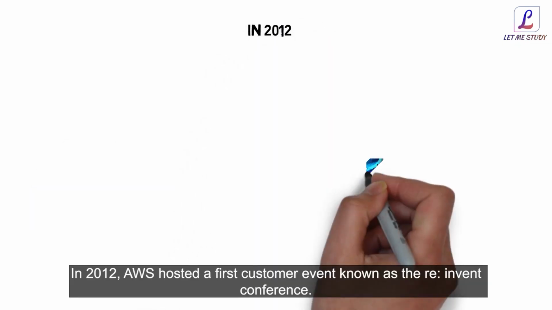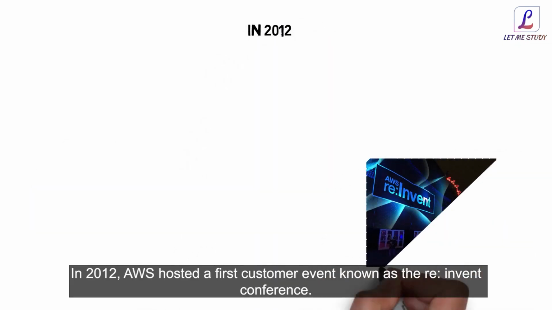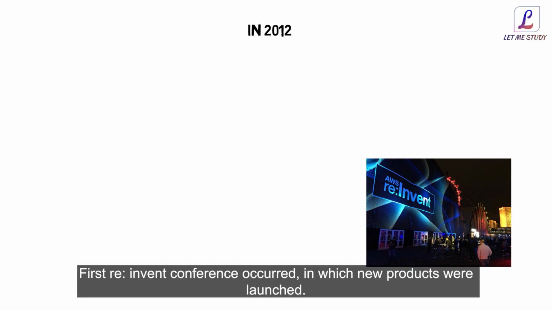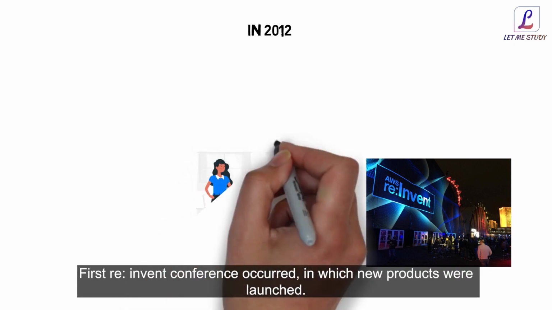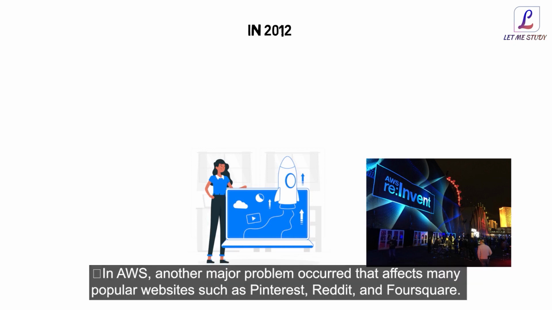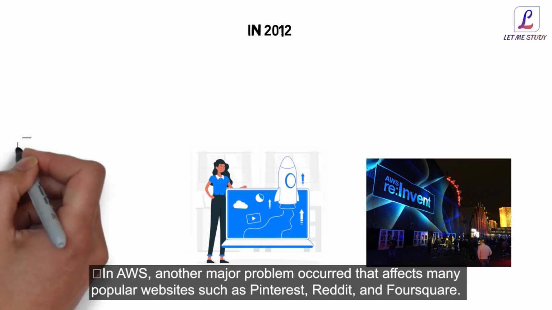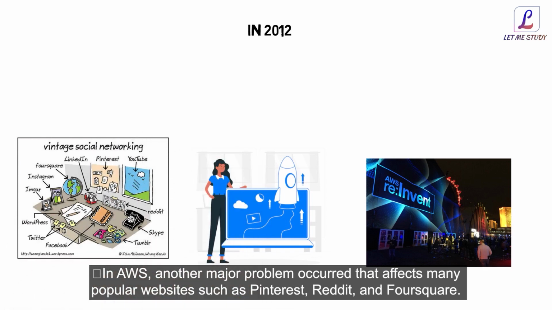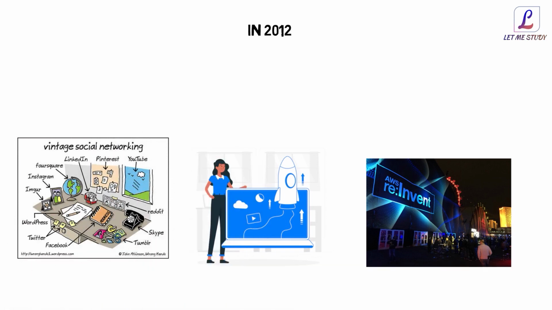2012. In 2012, AWS hosted its first customer event, known as the re:Invent Conference. At the first re:Invent Conference, new products were launched. In AWS, another major problem occurred that affected many popular websites such as Pinterest, Reddit, and Foursquare. 2013.